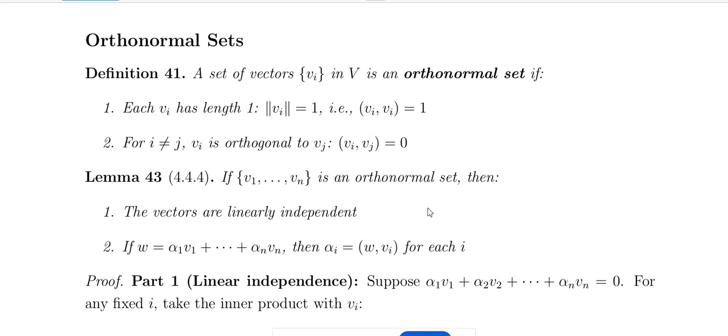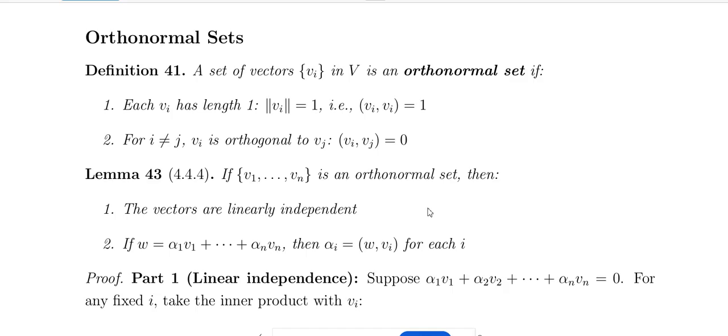Another very important definition is the orthonormal set. We saw orthogonal, and the orthogonal complement; now the orthonormal set.